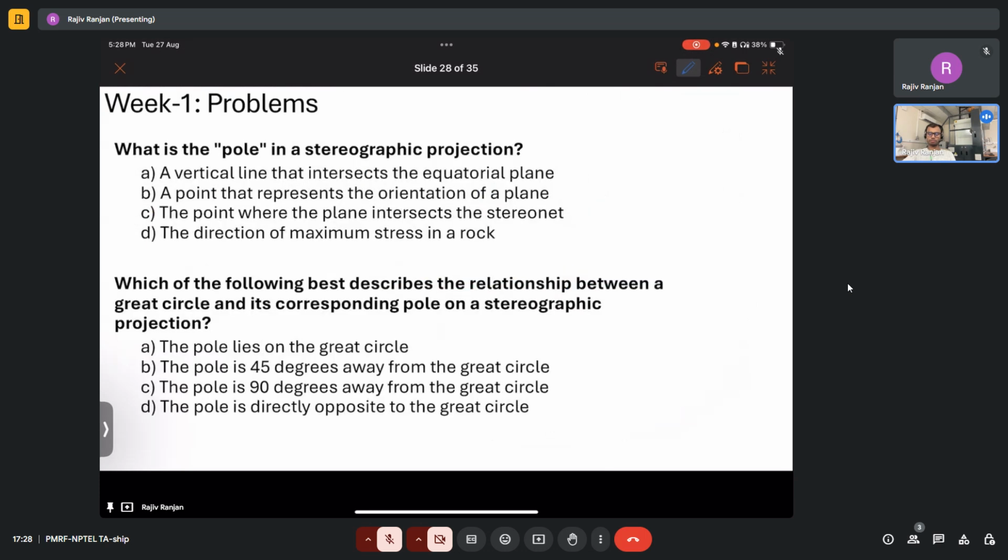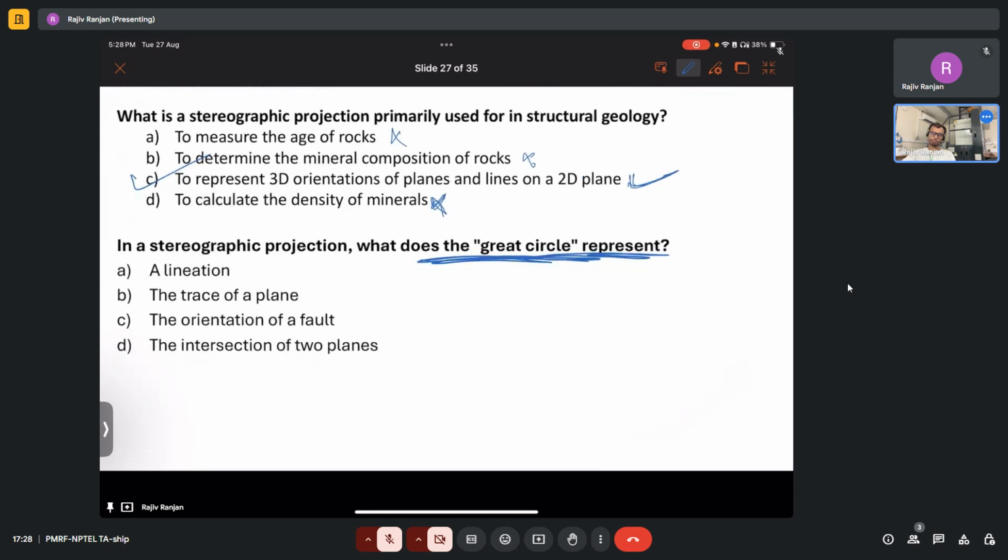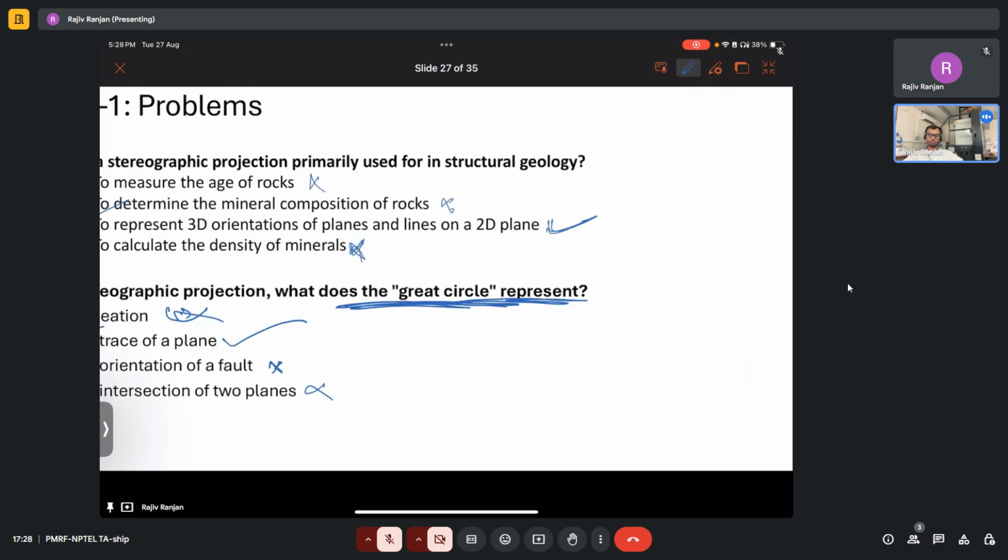This is the question. Lineations? No, because a lineation has only a point. So this is wrong. Trace of the plane is the correct answer. Orientation of a fault? No. It shows the trace of the fault. The intersection of two planes? No. So option B is correct.